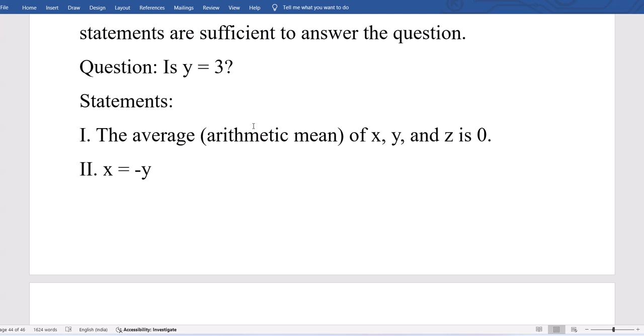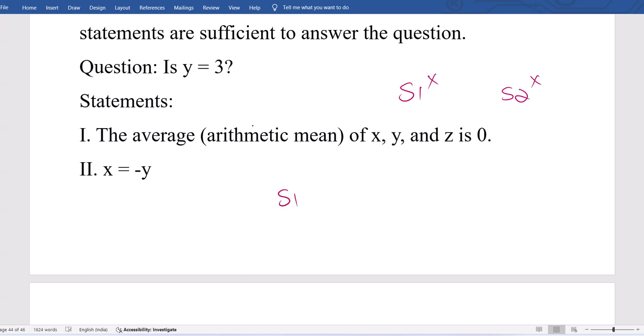Y value 3 or not? 1 alone, 2 alone, together sufficient, together not sufficient? Each statement alone? Answer? Together not sufficient. Right. 1 alone not possible, we know. 2 alone not possible, we understand.